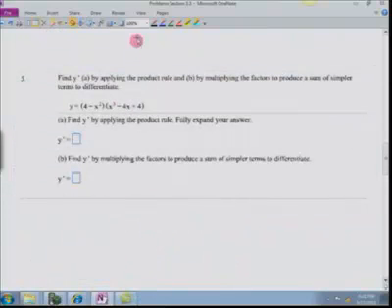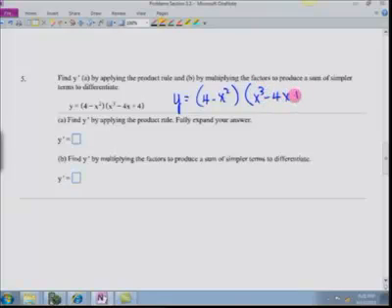All right, so here I'll write it bigger. We've got y equals 4 minus x squared times x cubed minus 4x plus 4. And you could, if you hated the product rule, multiply these out and then take the derivative. That's some work in itself. But let's go ahead and practice this.